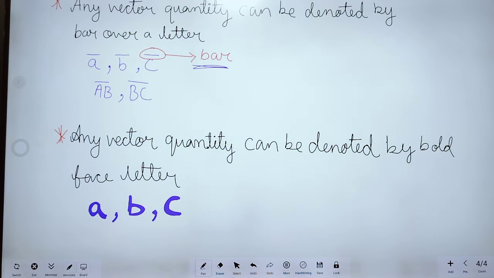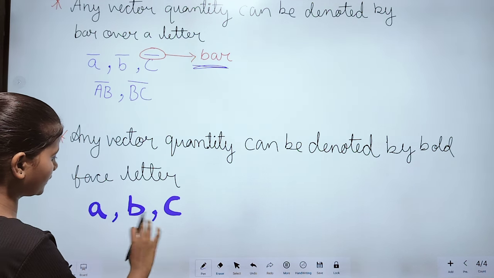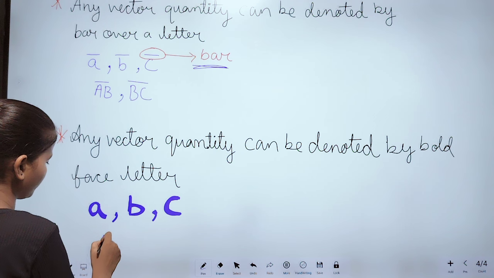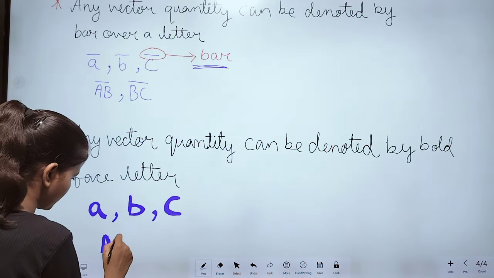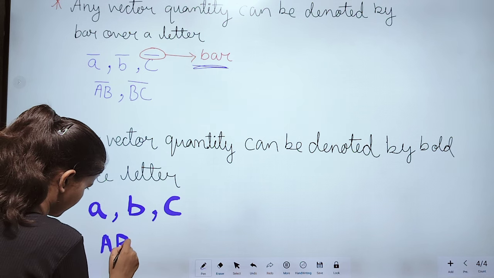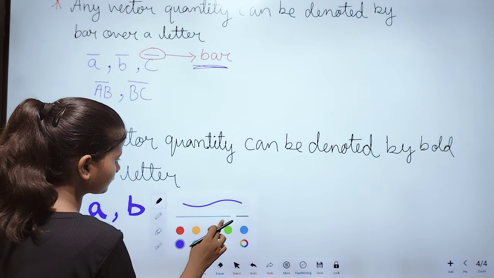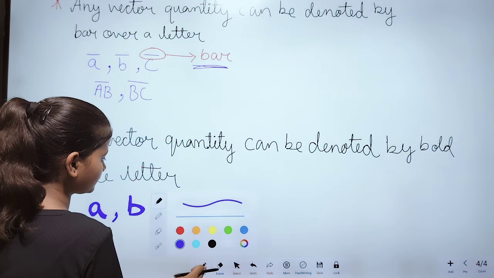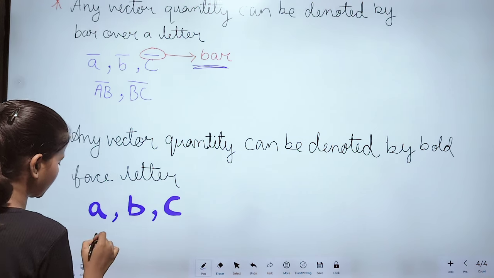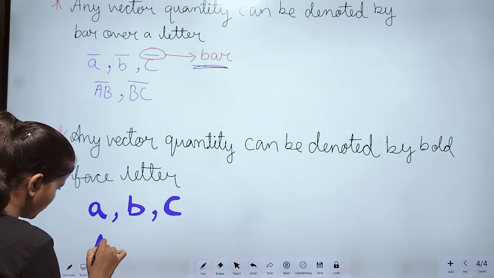It means any vector quantity can also be denoted by a boldface letter. Okay, like this, boldface letter. AB vector. It takes too much time to do this.